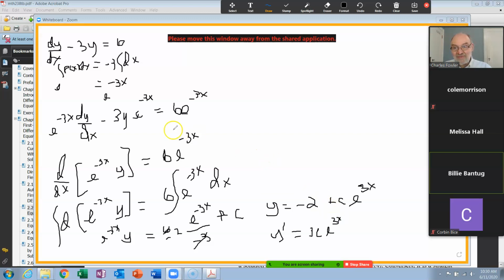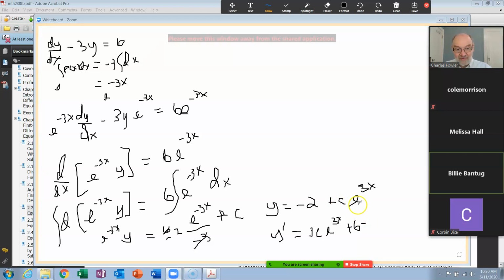Now I'm going to add to that, or subtract from that, a minus 3 times y. So that's a minus 2 is a plus 6. Minus 3 times a minus 2 is a plus 6. And then you're going to have a minus 3 times c e to the 3x is a minus 3 c e to the 3x.